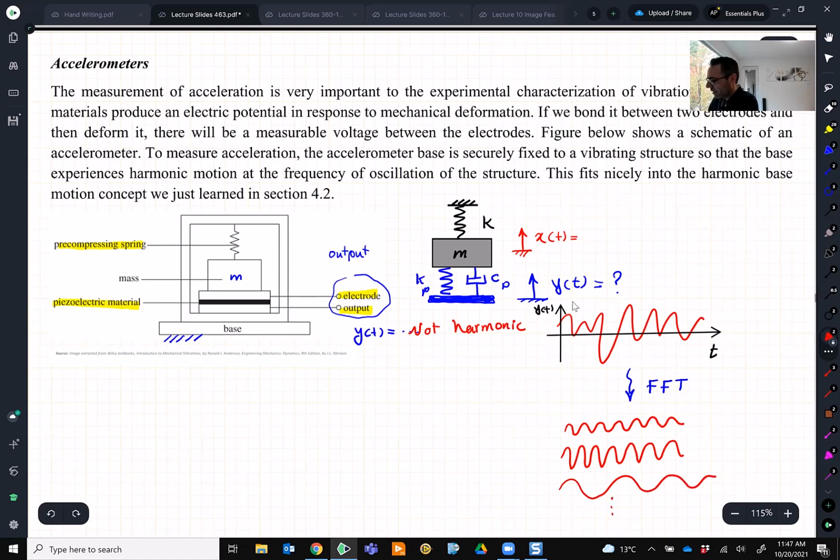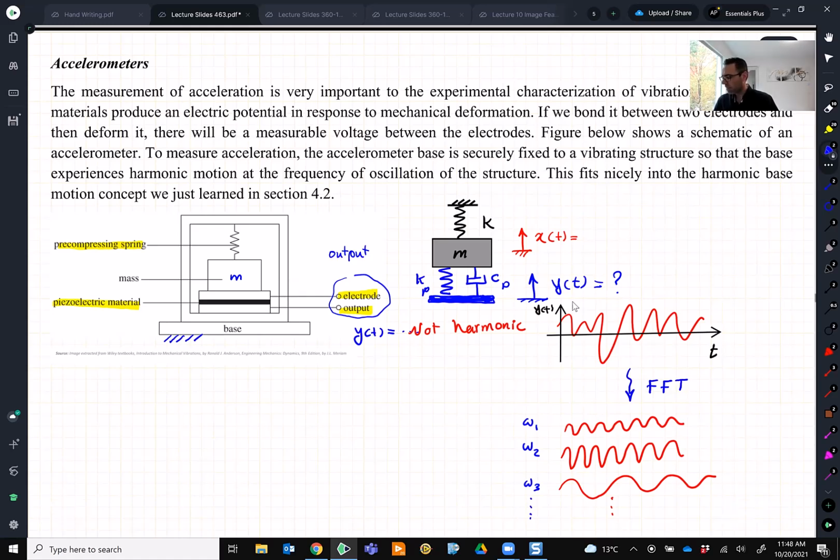And so on, and that's the Fourier transform: omega 1, omega 2, omega 3, and a lot of omegas. So they do FFT, which hopefully you will study more if you go to grad school. I will talk a little bit about it at the end of this course, and in my other courses I talk about FFT, but not here. Anyway, the accelerometer uses the concept of base motion.